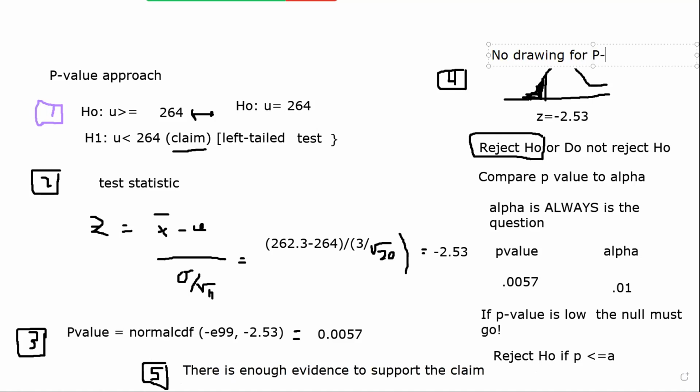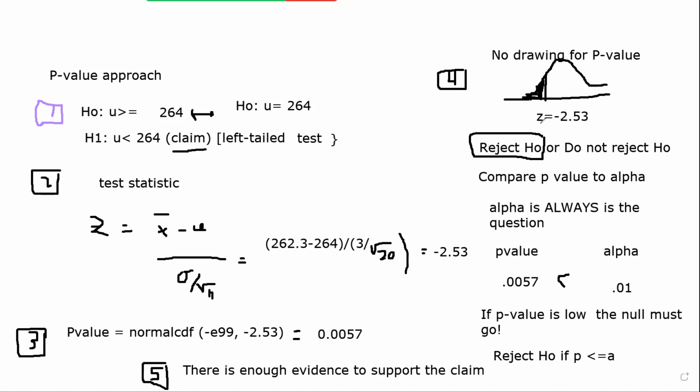I just did it so you would understand where the p-value is coming from, but we need to see you compare your p-value to alpha and write less than in there, or greater if it is.